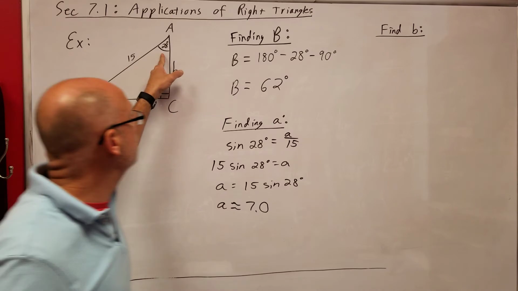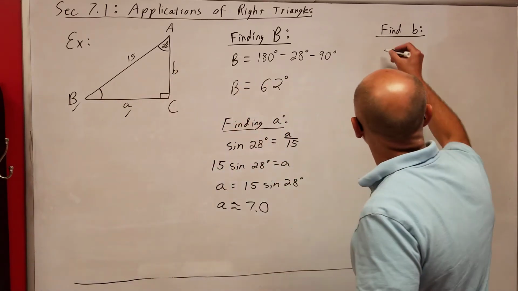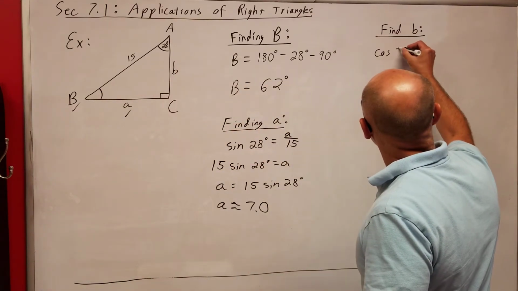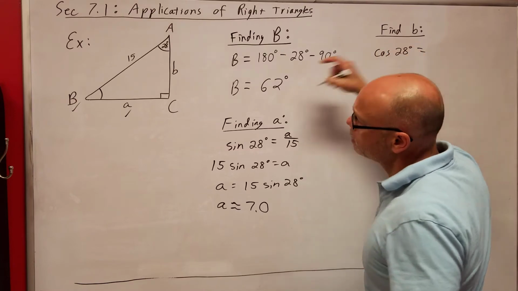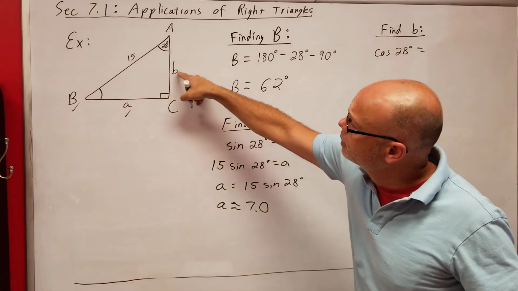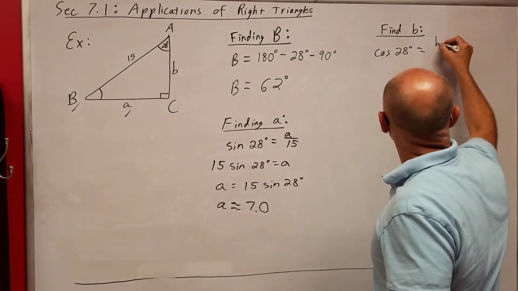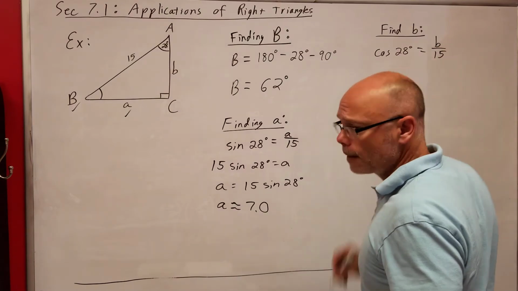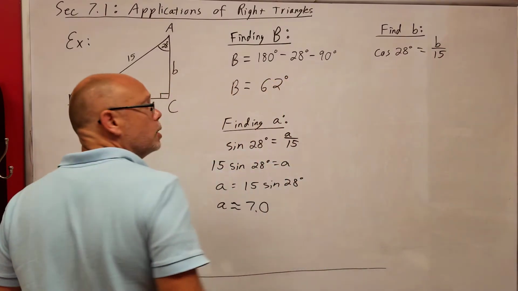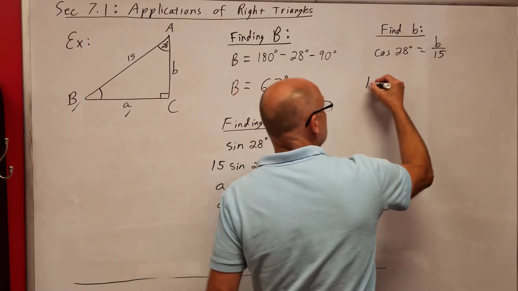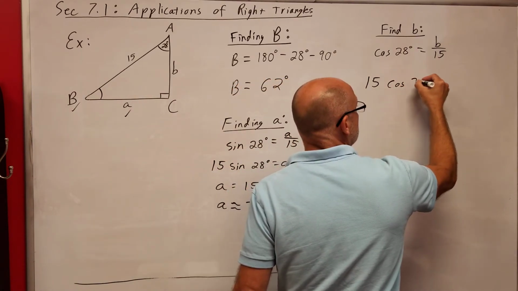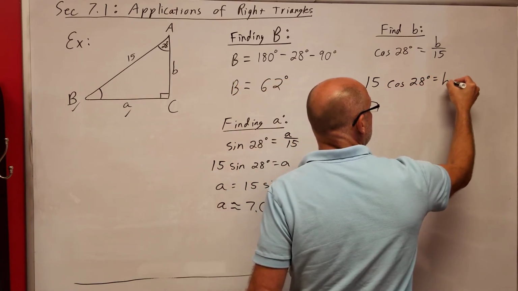So the cosine of 28 degrees is equal to the adjacent side, which is b, over the hypotenuse, which is 15. Multiply both sides by 15, and you get 15 times the cosine of 28 degrees is equal to b.